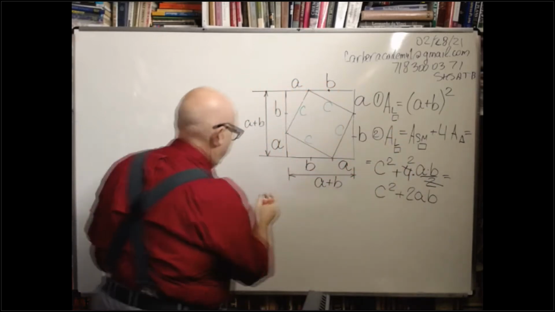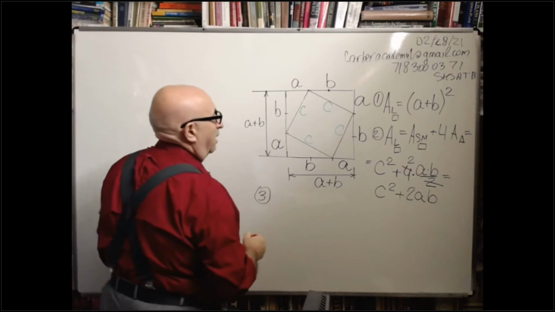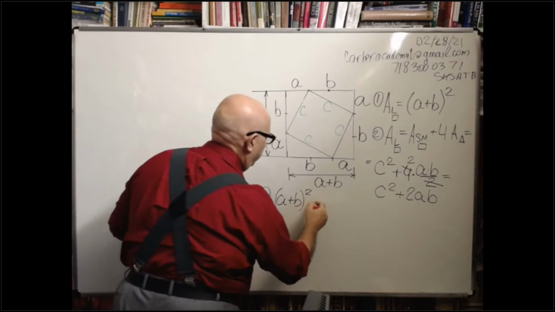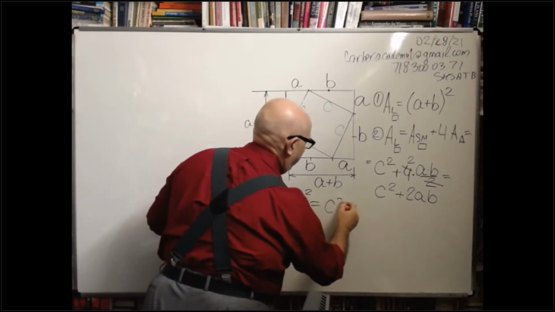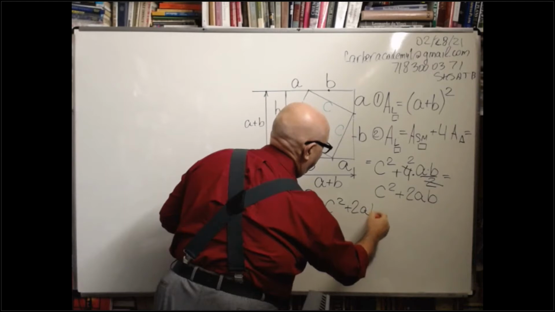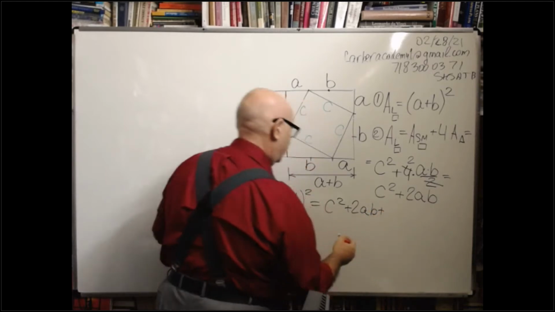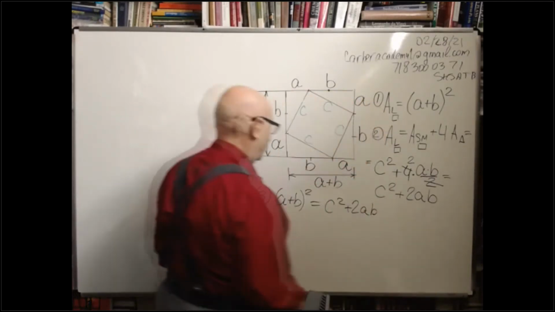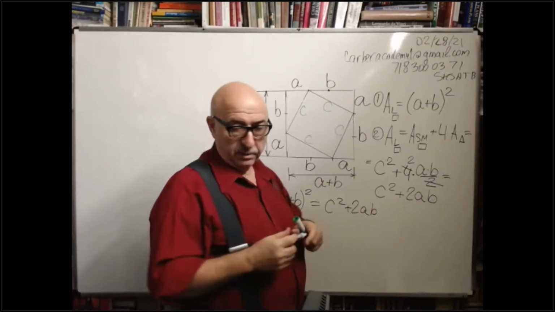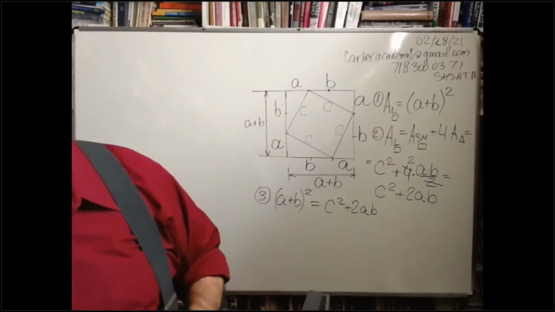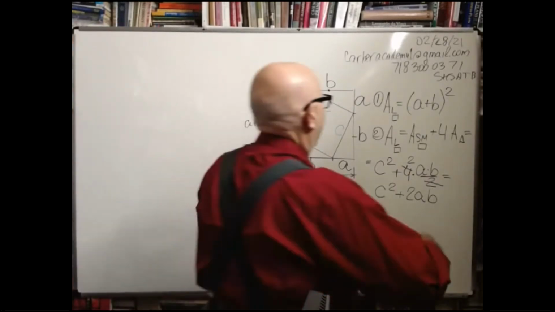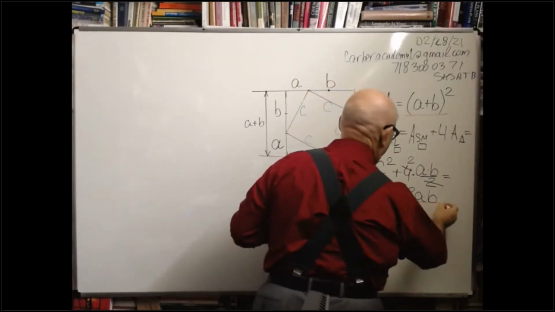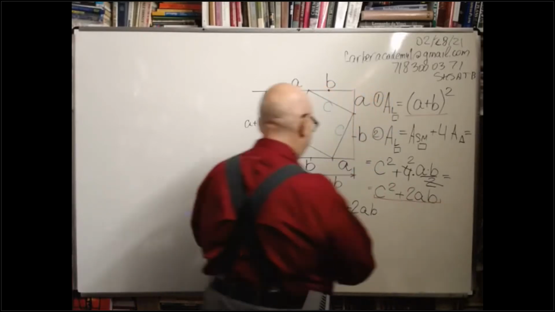So in step number 3, I will write a plus b to the second power equals c squared plus 2ab. What I wrote, I take a different color. I made this and this the same. This equals this. Why? Because it's the same what? Square.